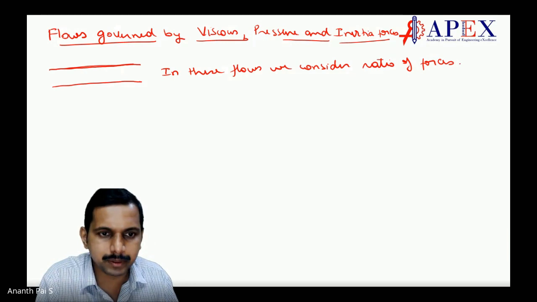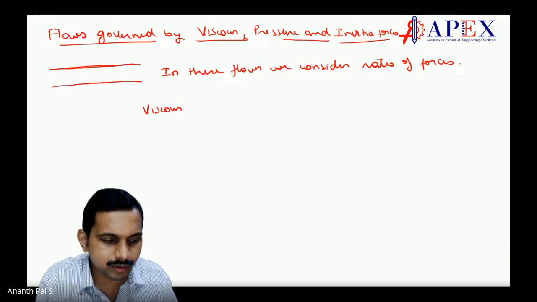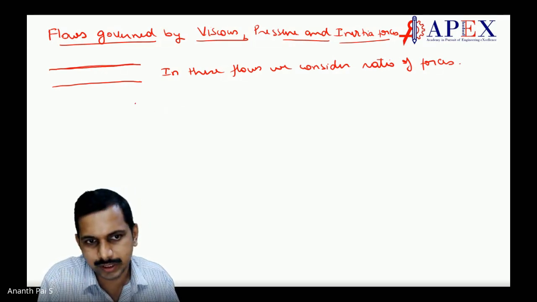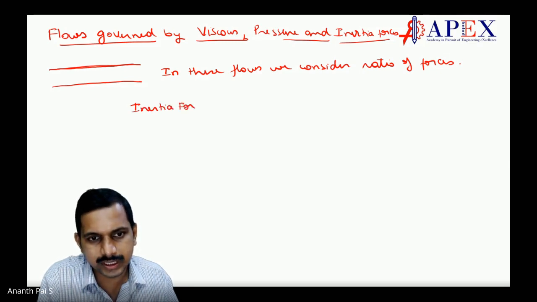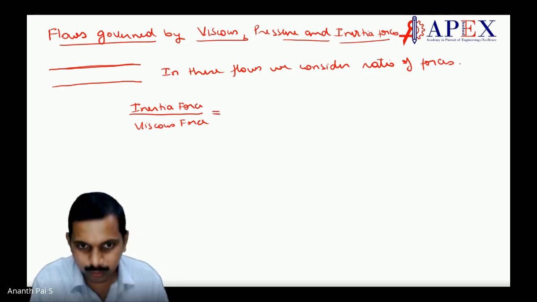For example, if I consider inertia force by viscous force, you know what that means, is it not true? Inertia force divided by viscous force. What is inertia force by viscous force? Let us go back and see.